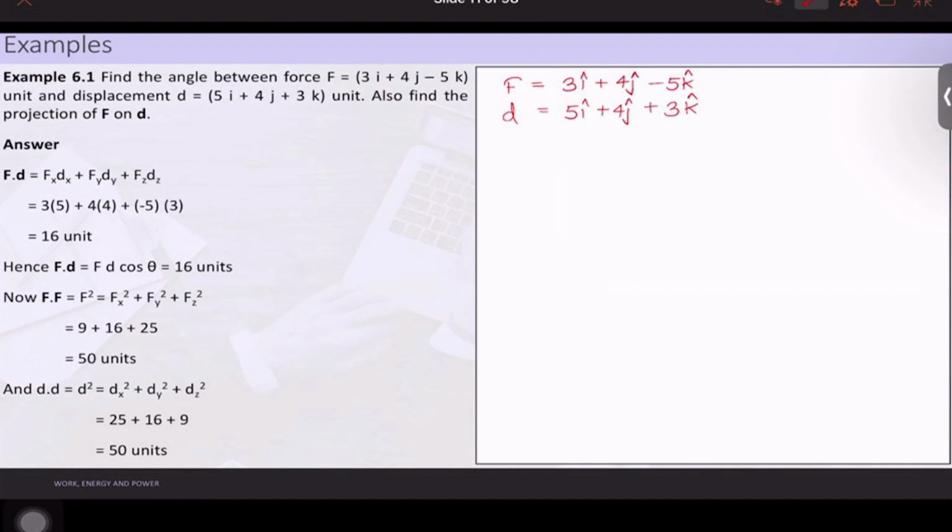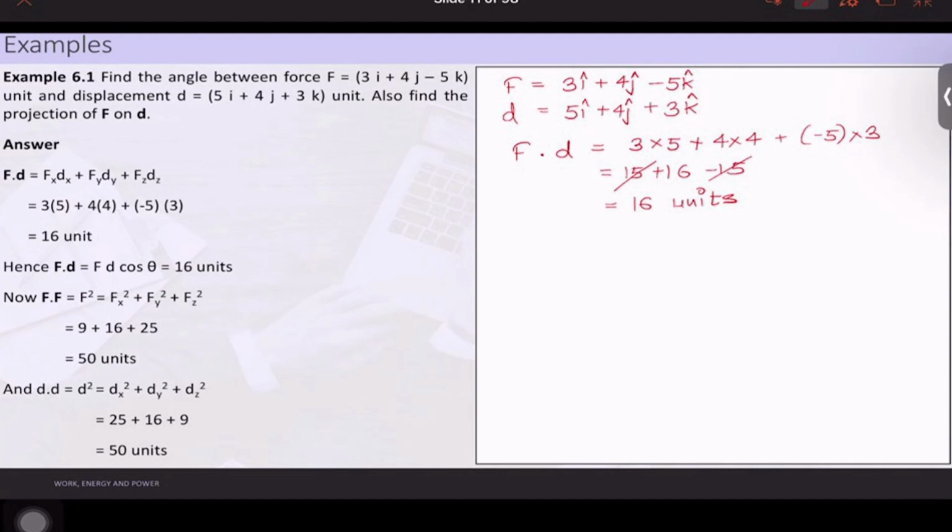Now, let us calculate the scalar product of F and D. This can be directly the multiplication of the respective resolved components. So for F dot D, in the X direction it will be 3 multiplied by 5, plus in the Y direction 4 multiplied by 4, and in the Z direction minus 5 multiplied by 3, which gives you 15 plus 16 minus 15. 15 gets cancelled. So this is nothing but equal to 16 units.